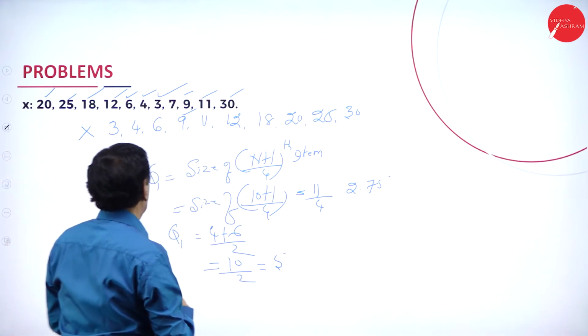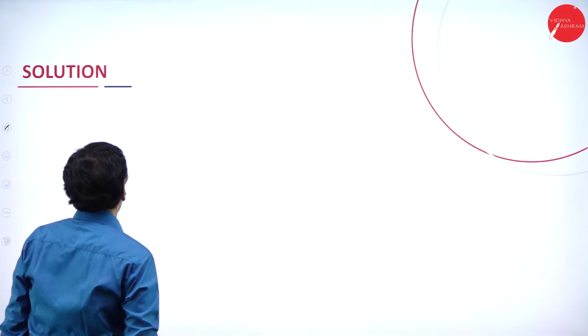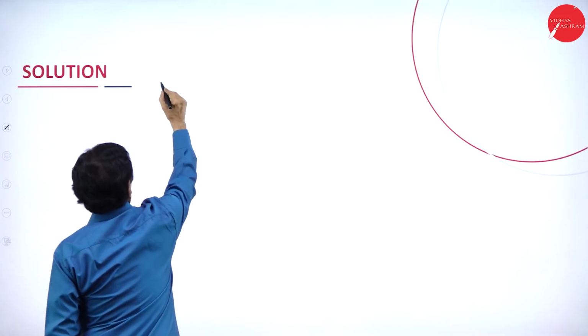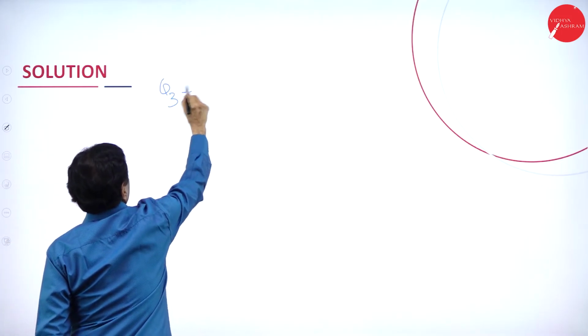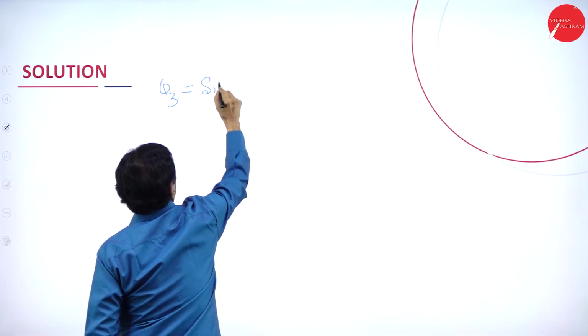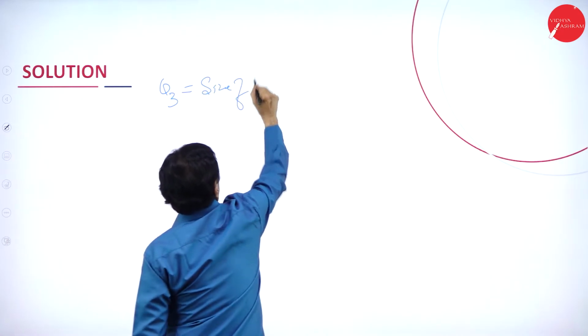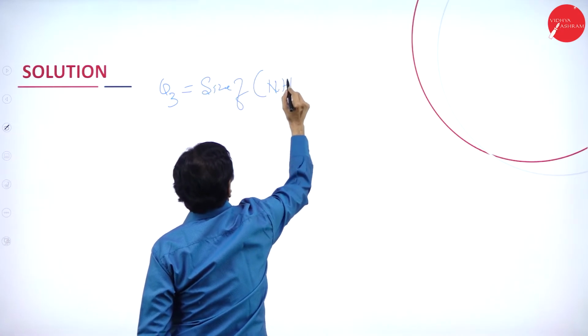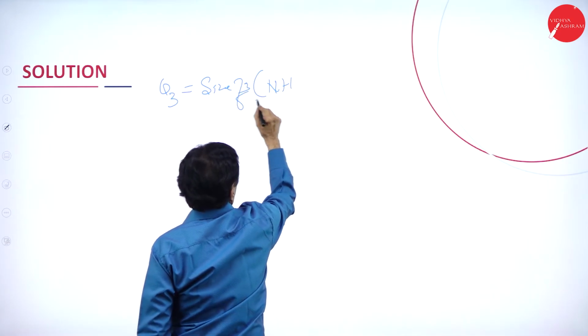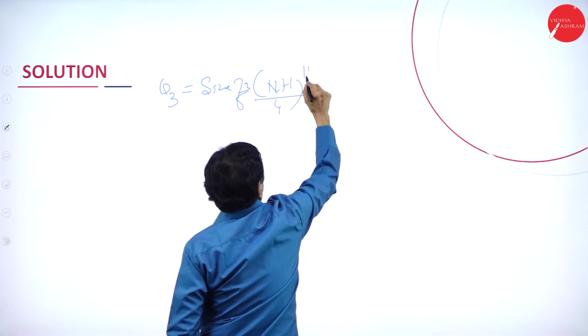Then we'll go to Q3. Q3 is equal to size of 3 into (n plus 1) divided by 4th item.